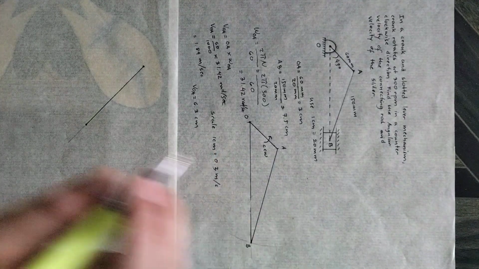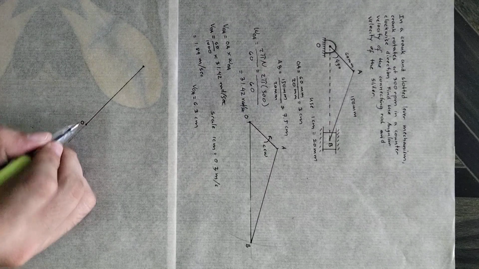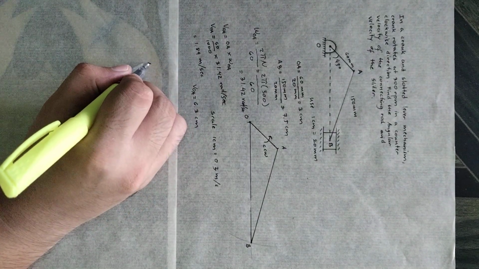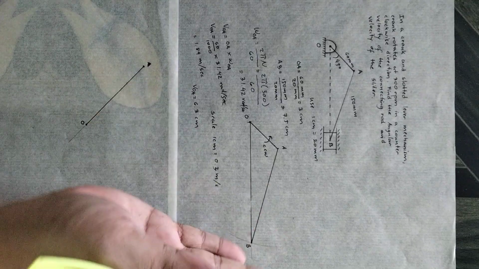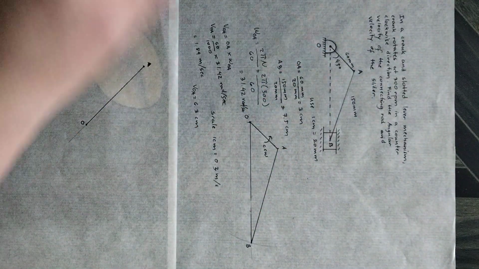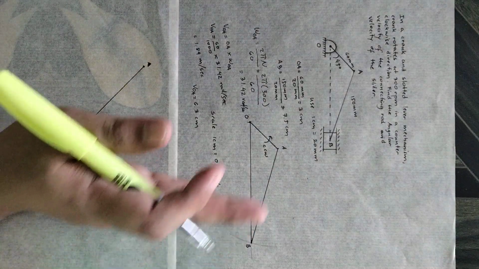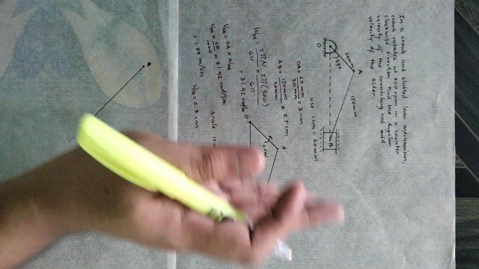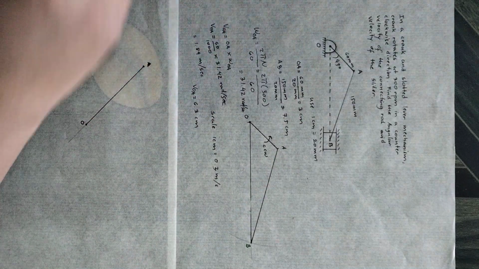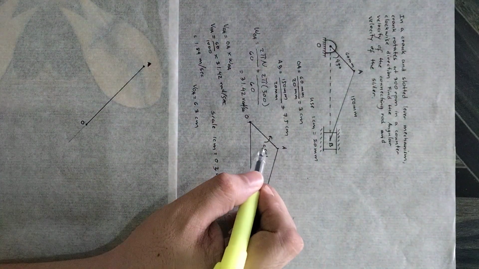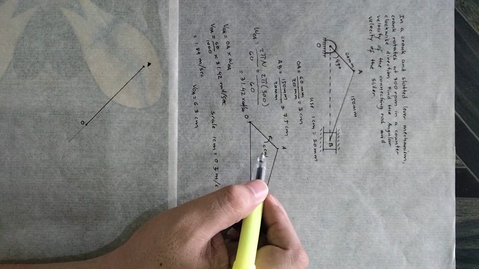So therefore, if this is your point O, the next point of A is here. Sorry for that, because the rotation is going counterclockwise. So this is point O, the fixed point, and our crank is moving toward this side. So if the crank moves toward here, point A is located here. So be careful with the direction of the rotation.